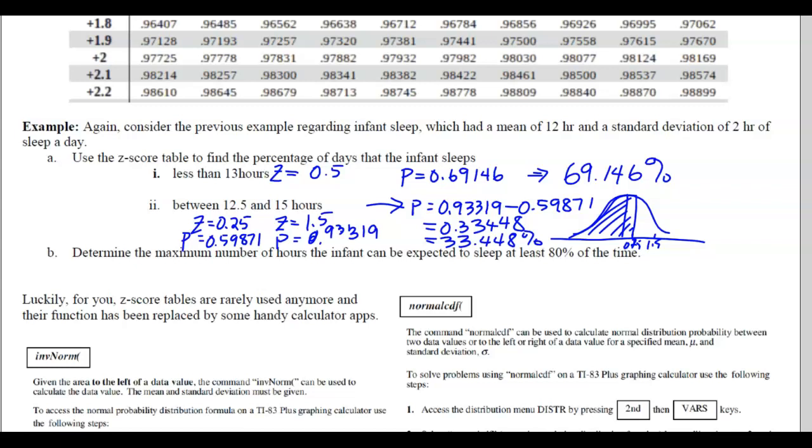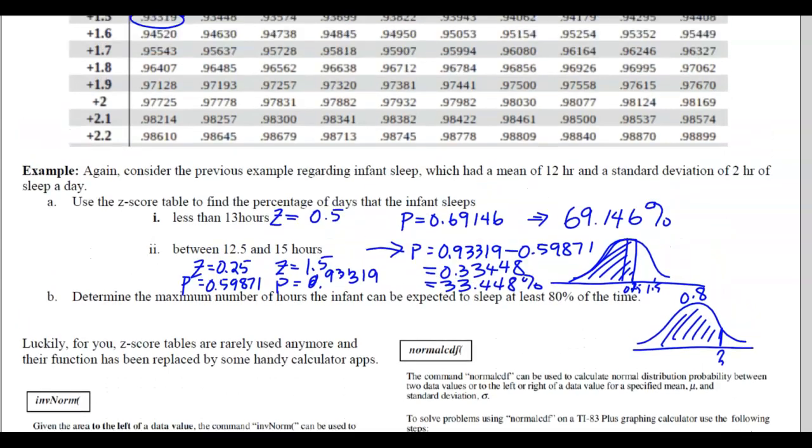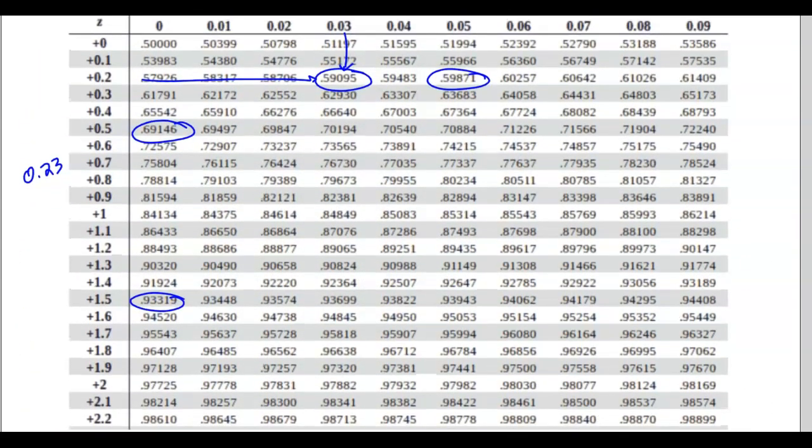And then it says determine the maximum number of hours the infant can be expected to sleep at least 80% of the time. You think about that, 80% obviously is bigger than 50. So this area here is 80%, as a decimal that's 0.8. So you would want to look for a decimal of 0.8 in your chart. Closest you can get, here, 0.8023.